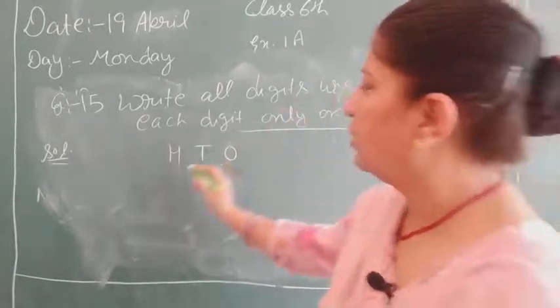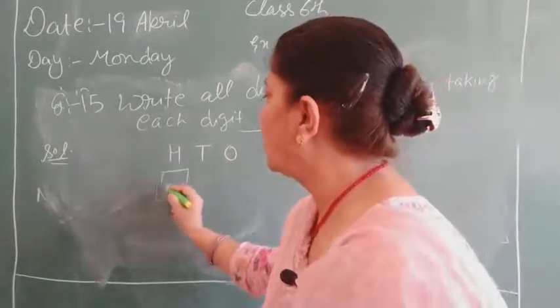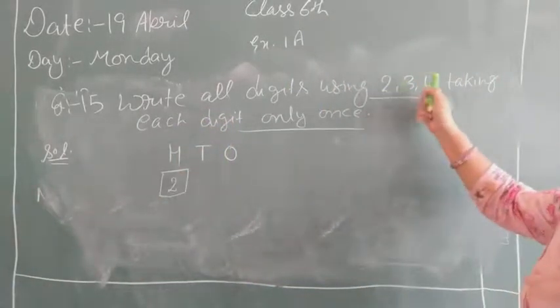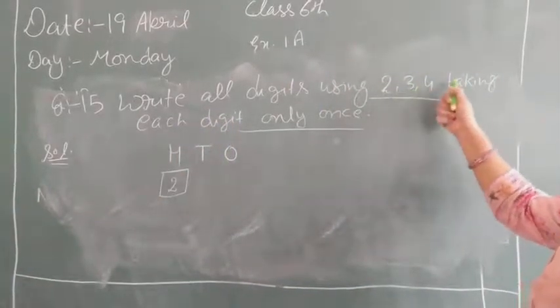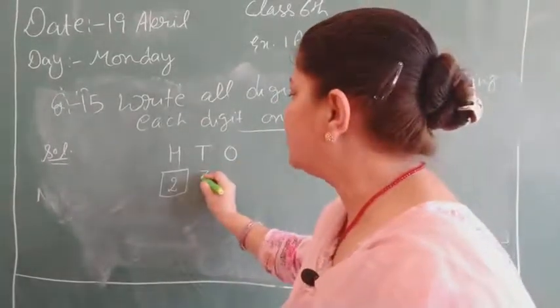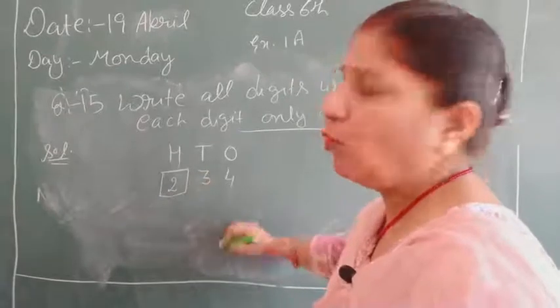Suppose we take first 2 in the box at the place of 100. Now we take 2. Now the remaining digits are 3 and 4. So we put these 2 digits at the places of tens and ones.